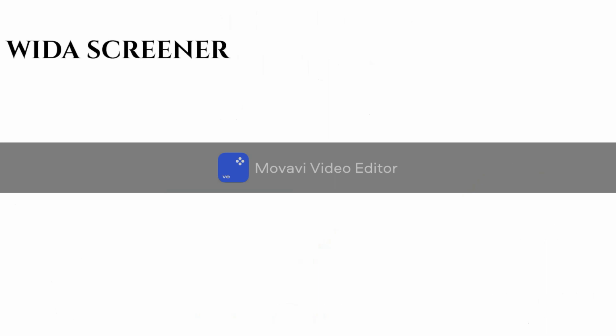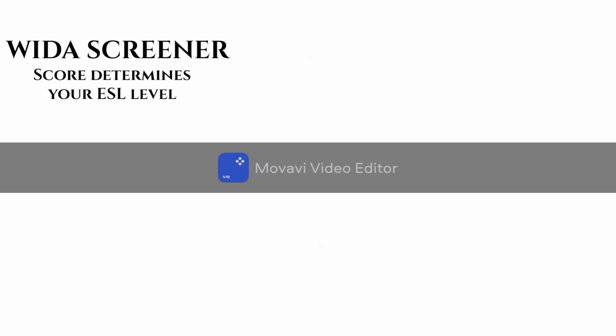So the WIDA screener, as I explained, is given once in a child's lifetime upon entering the United States and living in one of the 41 states that provide the WIDA screener or WIDA test. And the test determines what level of ESL the student will be placed in, depending on what program the district has.